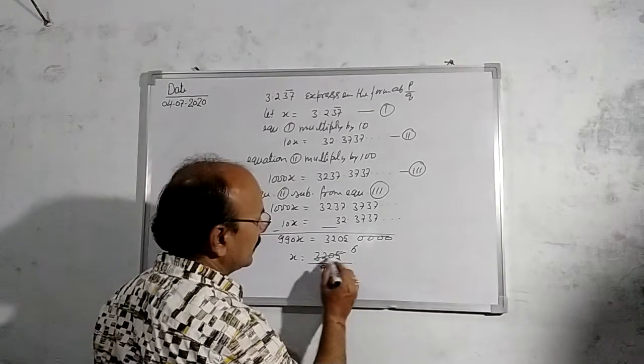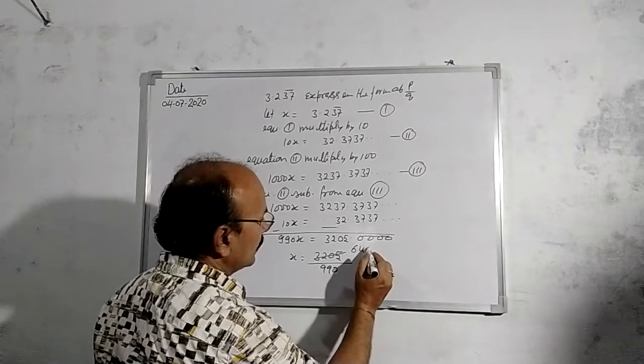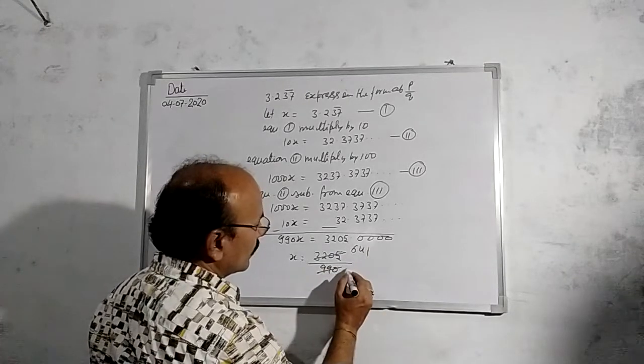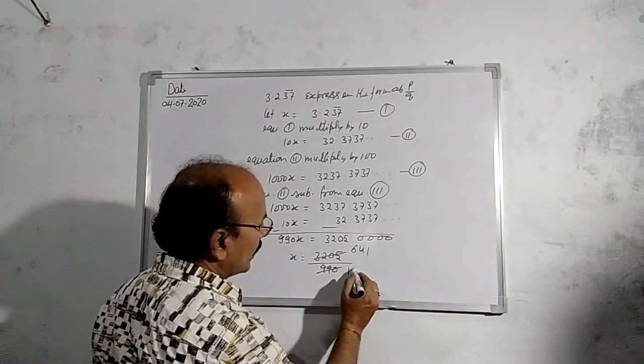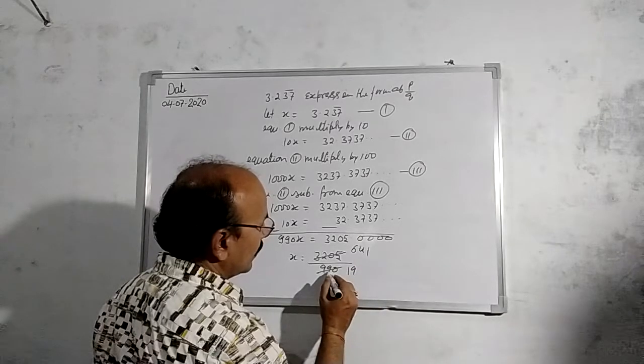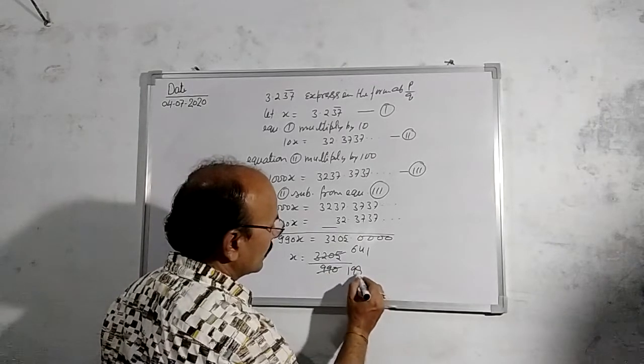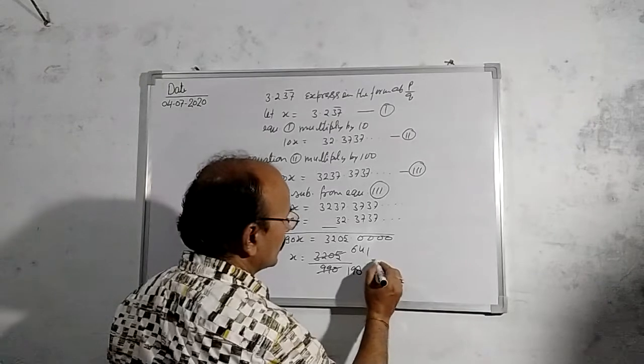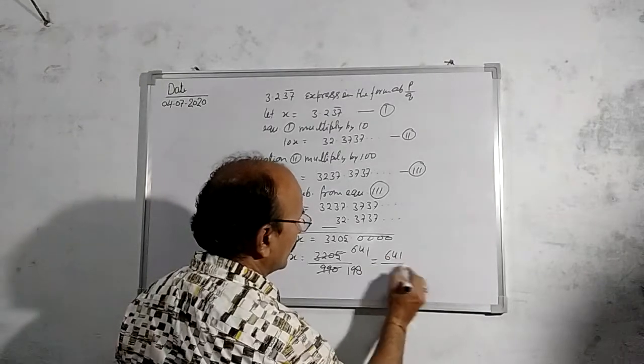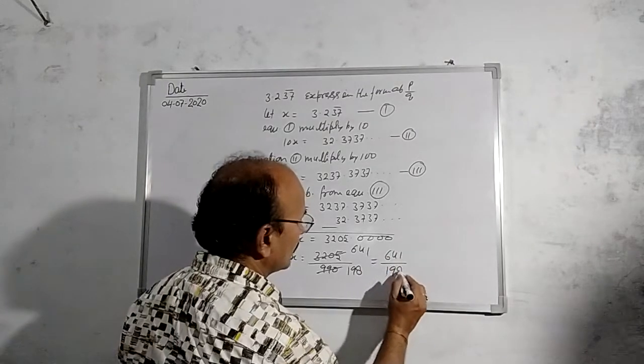5 6s are 30, 5 4s are 20, 5 1s are 5, 5 1s are 5, 5 9s are 45, and 5 8s are 40. So x is equal to 641 upon 198.